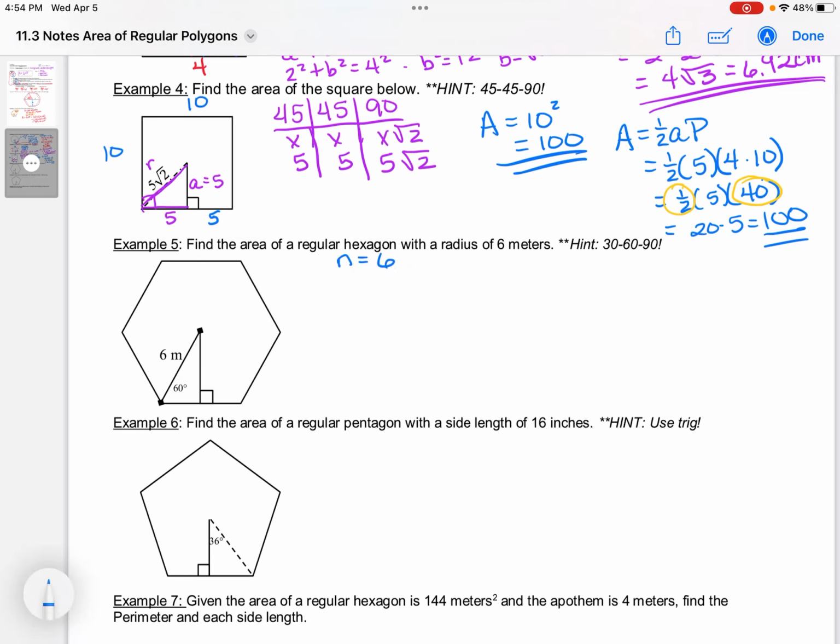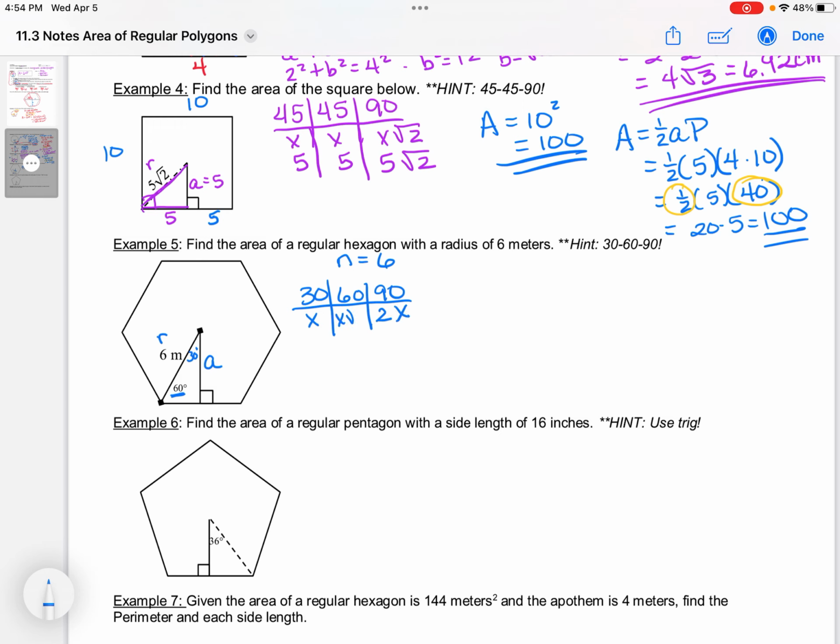All right, so we have a hexagon. Hexagons have 6 sides. We know the radius, and we know this is 60, so that means we have a 30, 60, 90. So let's remember our 30, 60, 90, which we did up there a minute ago.